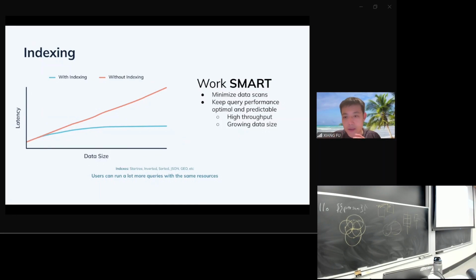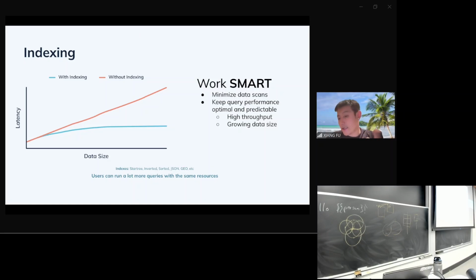This is the engineering philosophy that the Apache Pinot project is trying to adopt: we want to work smart. Unlike traditional analytical engines that try to scan things super fast, we also work on a lot of indexing to minimize data scanning and find out which data chunks you actually have to scan.